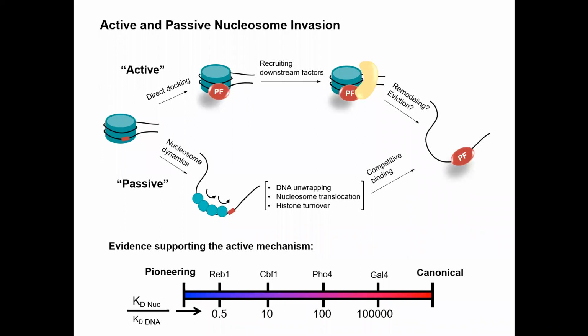Reb1 is a monomer that has the slowest K-off, and the other ones are all dimers. Even though they are accelerated to different extents, it still follows the idea that dimers do not bind as well as monomers.